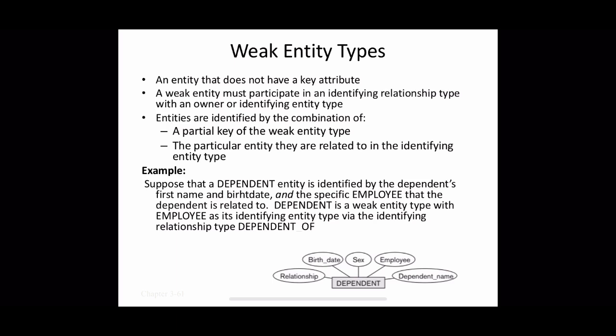In our case, the stronger entity or owner entity is the entity type employee, and the weaker entity type is the dependent, and the identifying relation is called dependent of. We can take a combination of birth date and dependent name to identify the dependent, together with the employee, especially the SSN of the employee. That together can be used to identify each and every dependent.